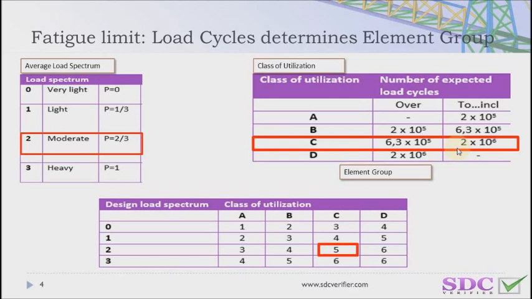In our case, we select a moderate load spectrum, which means, according to the standard, that the structure is repeatedly loaded with the workload, but the average load is between 1/3 and 2/3 of the working load. By selecting a load spectrum of 2 and a maximum number of load cases of 2 million, which gives us a utilization class C, we end up with an element group of 5.